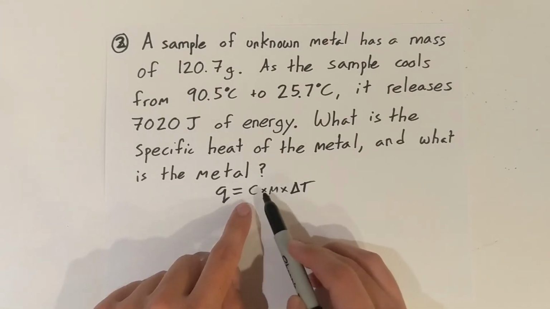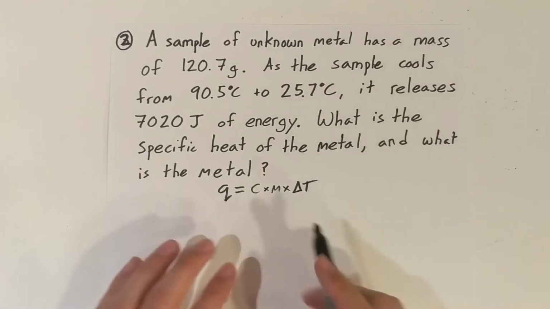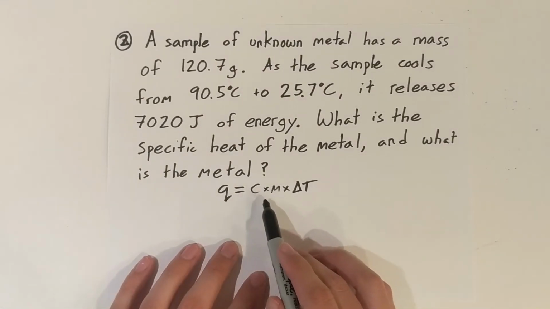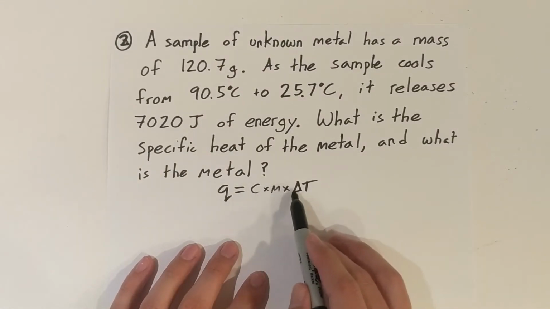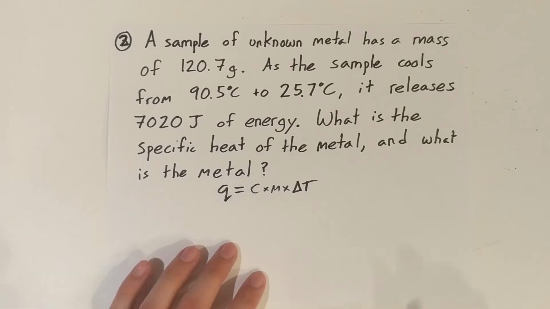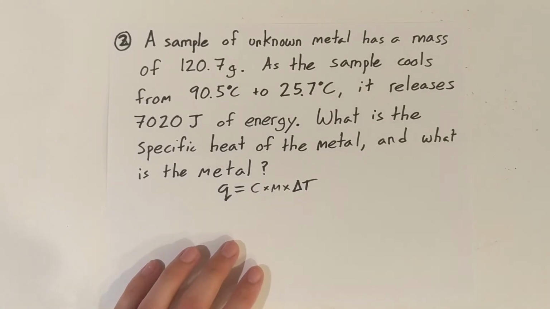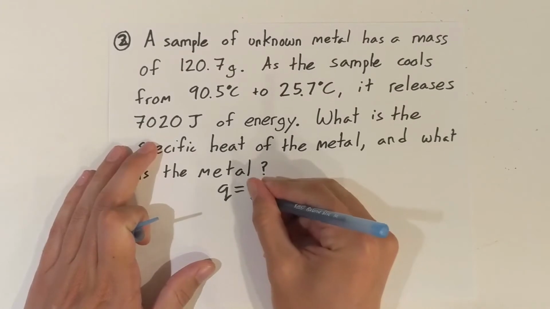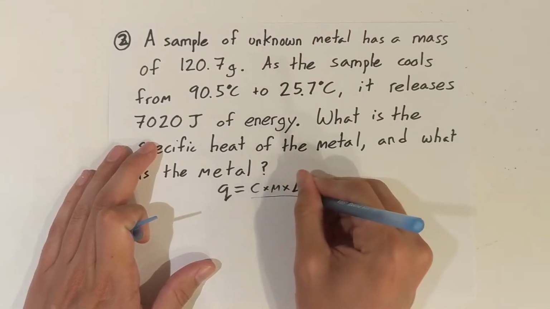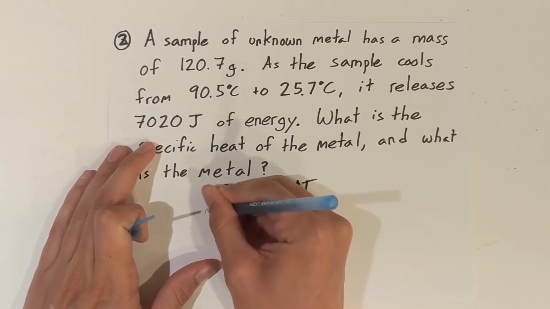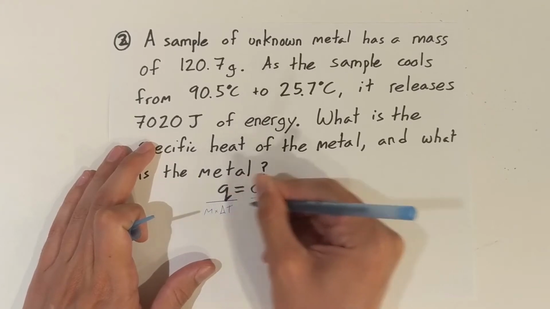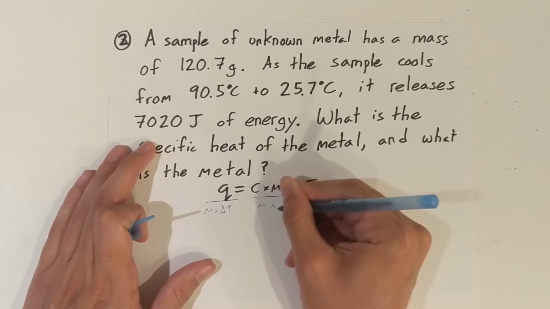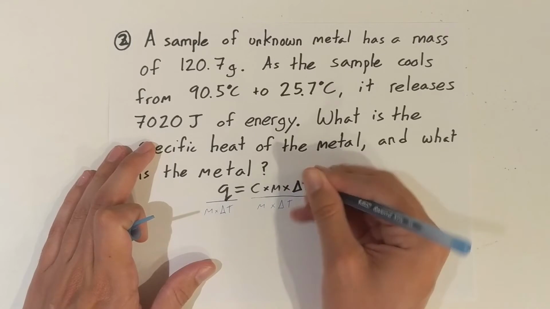We're looking for C. All you gotta do is a little bit of math here. You divide both sides by mass times delta T. Let's see, I'll do that in a different color. Divide both sides by mass times delta T. It'll cancel out here.